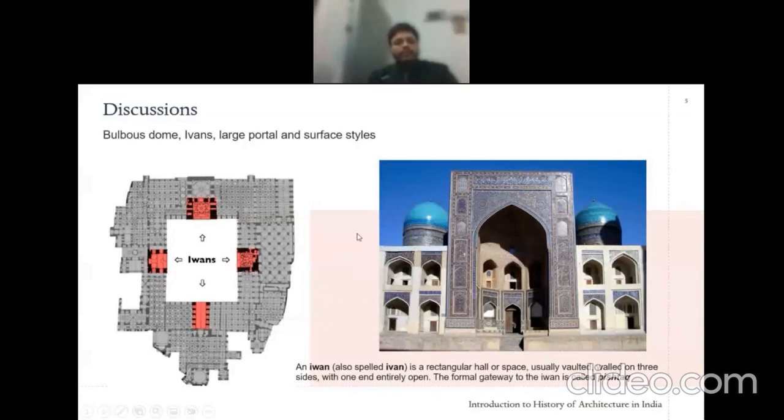So this is the place which is called the Ivan, and one end is entirely open. This is the formal gateway to the Ivan, which is called the Pishtaq.